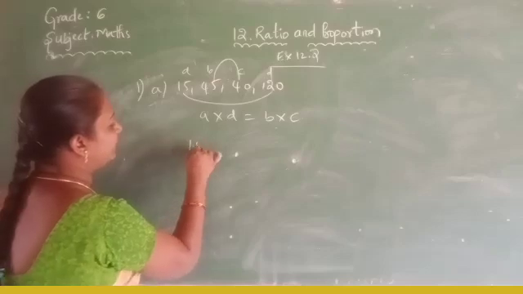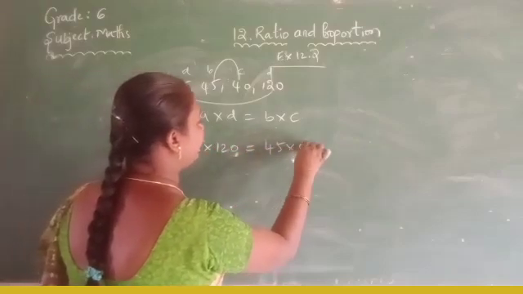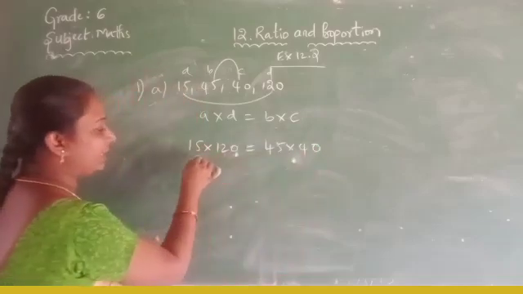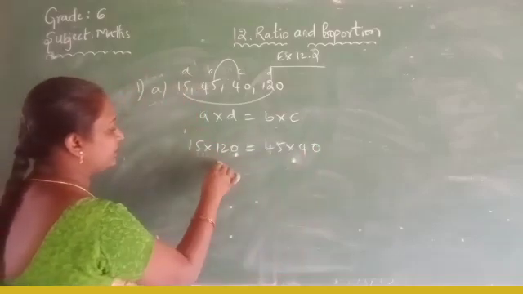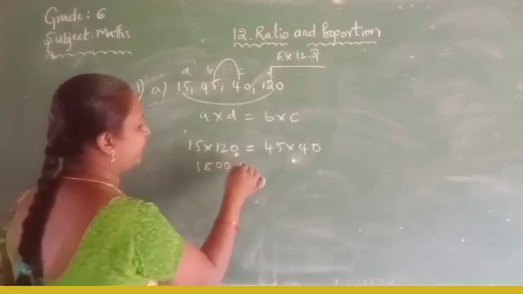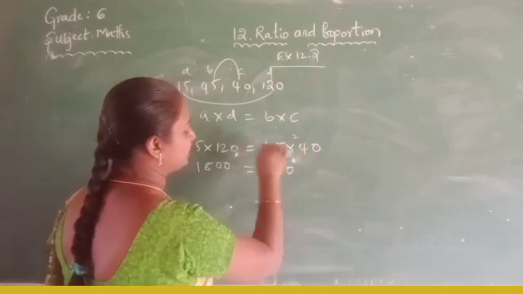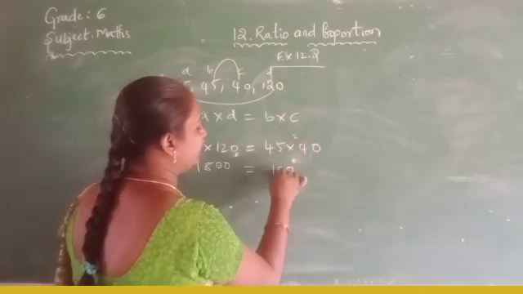So 15 into 120 is equal to 45 into 40. Now multiply: 12 5s are 60, 12 ones are 12 plus 6 is 18, 1800. Again, 4 5s are 20, 4 4s are 16, 17, 18.